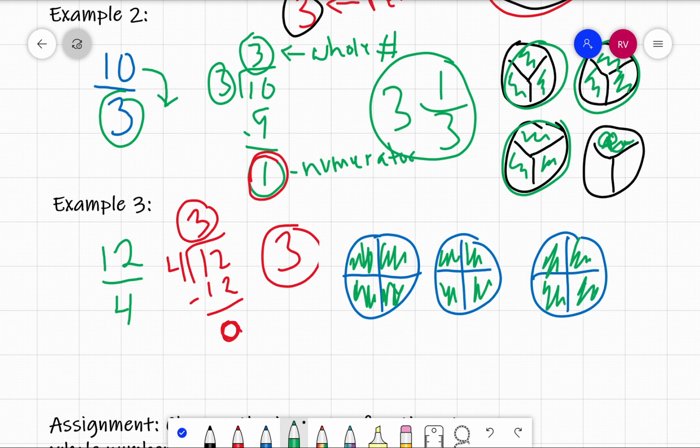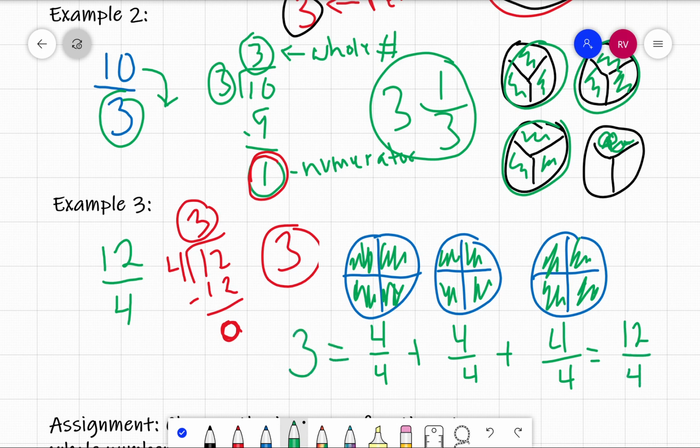Okay, so we see 4 out of 4 plus 4 out of 4 plus 4 out of 4 equals 12 out of 4, which also equals 3 wholes, right? Because we have 1, 2, 3 whole circles there. So we see that 3 is equal to 12 fourths.